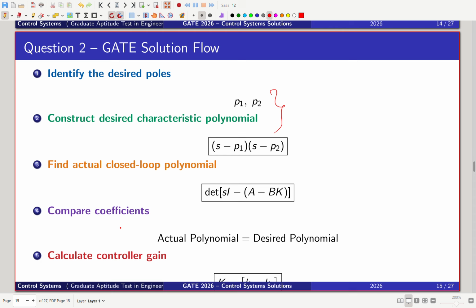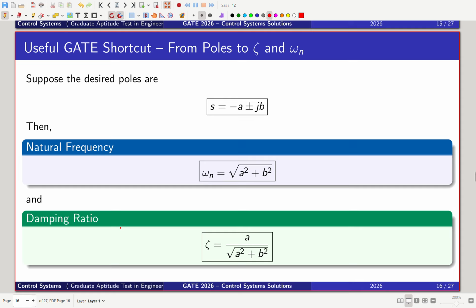Find the actual polynomial and compare the coefficients. Sometimes they give the transfer function, and sometimes they give it in terms of state space also. In this way we can find k1 and k2. Like that we find the desired poles.